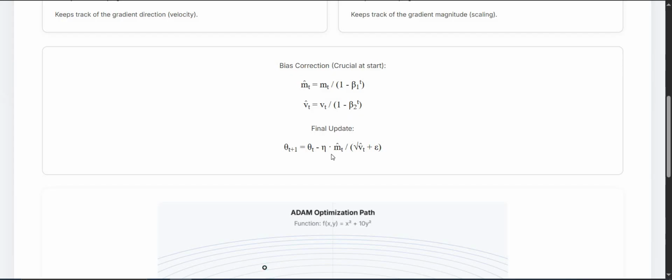And the final update is here. Theta sub t plus 1 equals theta sub t minus eta times m hat t divided by square root of v hat t plus epsilon. And this makes Adam stable both at the start and throughout training.